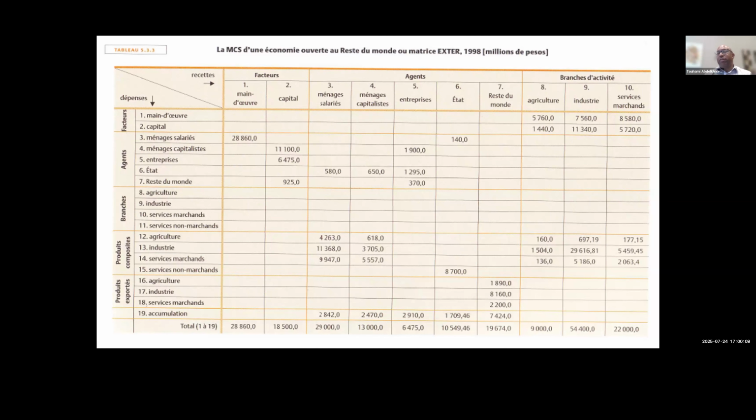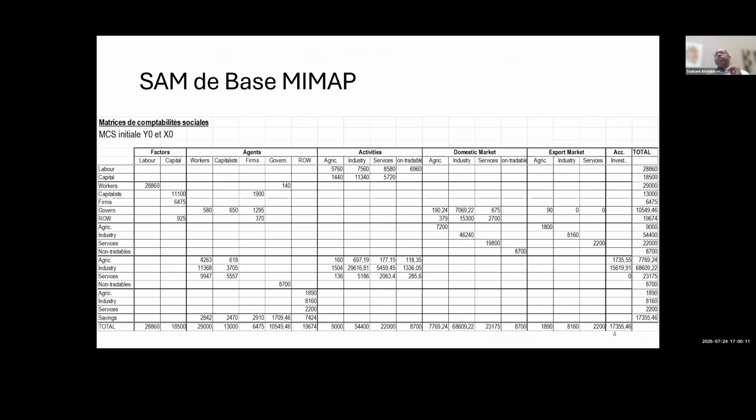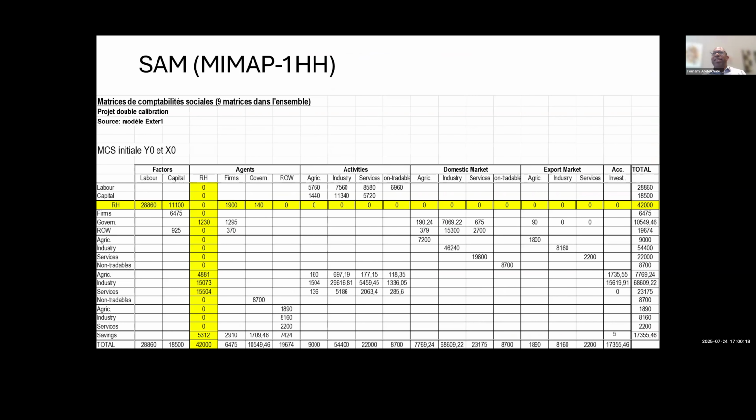So the first thing you have to do is to construct this sum, and it's exactly the same as before. Look at what is in yellow here. We have only one representative household, and in the column we have one column of household.